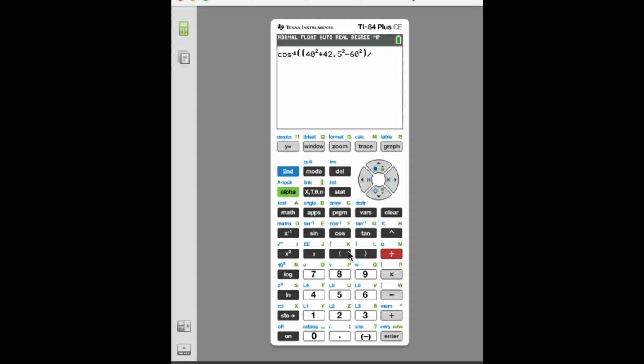Close that, divided by 2 times 40 times 42.5. Close that, double parentheses. And what did you guys get here? What is H? 93 point what? Is that 93.3 degrees?